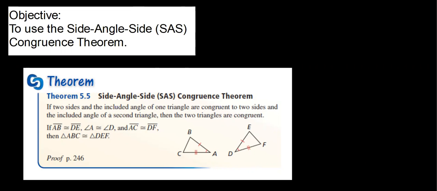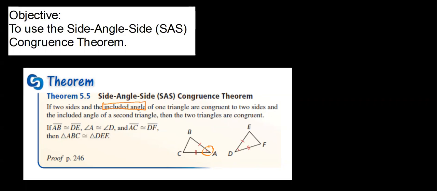The first thing I want to point out is this idea of an included angle. Whenever they're talking about an included angle, they're talking about this angle right here. What makes it included is that it is connected to the two sides that are marked. So angle A is the included angle with respect to side BA and side CA.